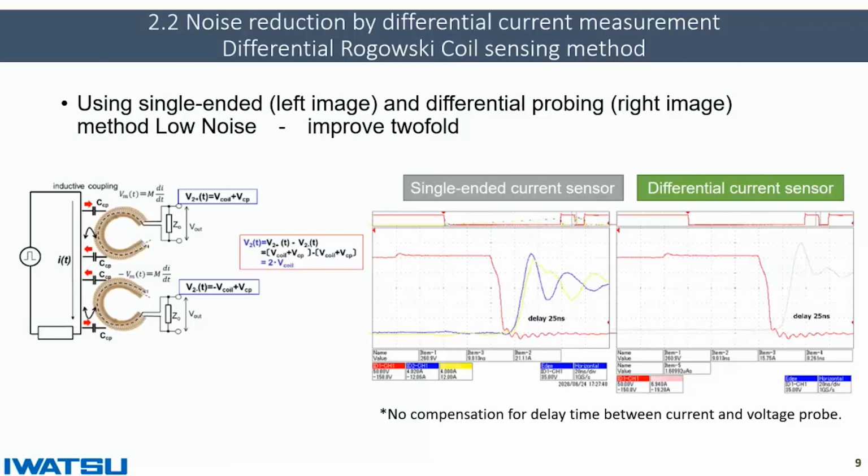Even if common mode noise is superimposed, the noise is reduced, and a clear waveform can be captured. The waveform on the left is an example of single current probe measurement. The waveform on the right is an example of the differential Rogowski coil current probe method. It minimizes waveform distortion.